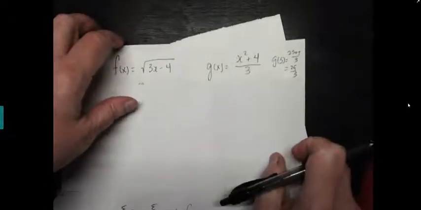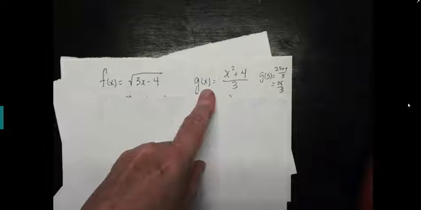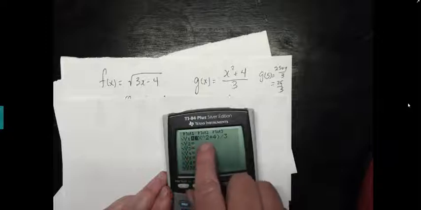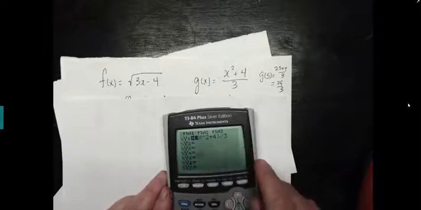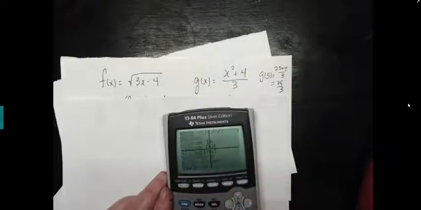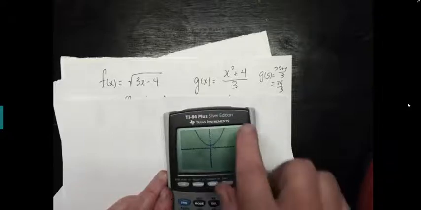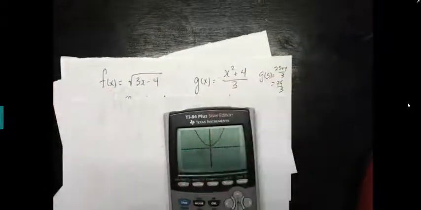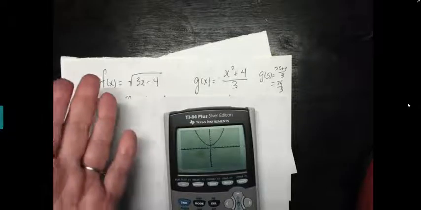But another way is you can look at this graphically. This is not a one-to-one function, so it doesn't have an inverse. If I try and graph this, so I've put the formula into my calculator, and if I look at the graph, that does not pass the horizontal line test. So g inverse does not exist. So it's impossible for those to be inverses. How could I fix this?